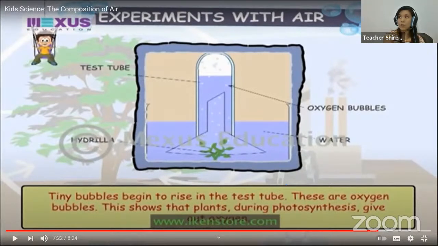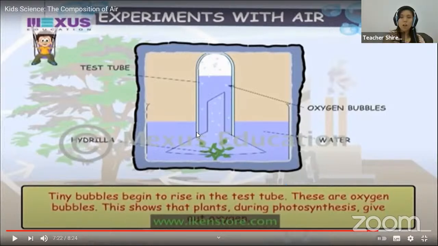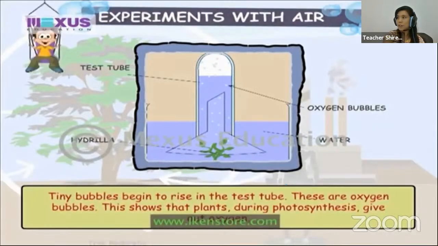So when we use this oxygen and we light up a fire, would the fire light up or not? Yes, it lights up, because oxygen is needed to burn. This shows that plants during photosynthesis give out oxygen.